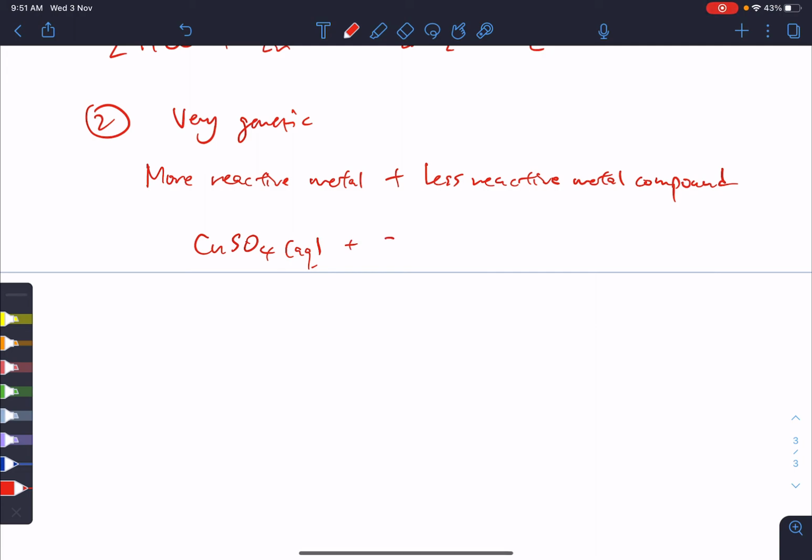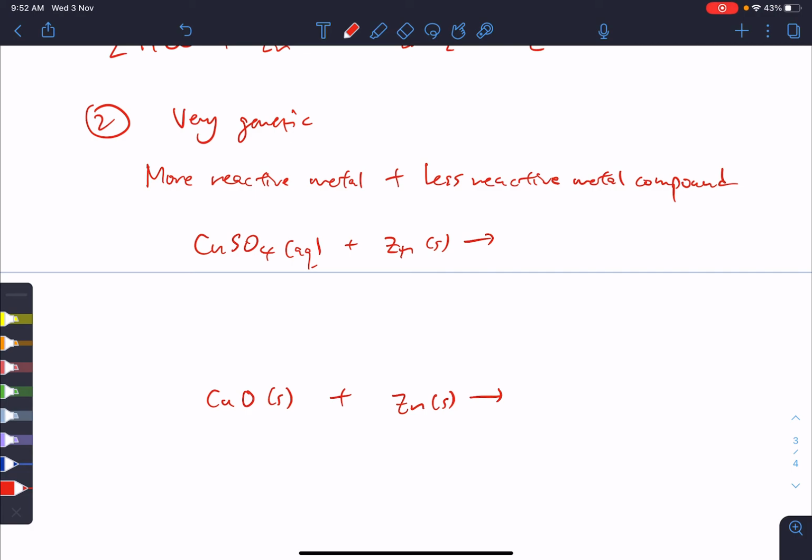Then you add a piece of zinc. It could very well be like copper oxide plus again zinc. They will react, although maybe some of them require heating lah.